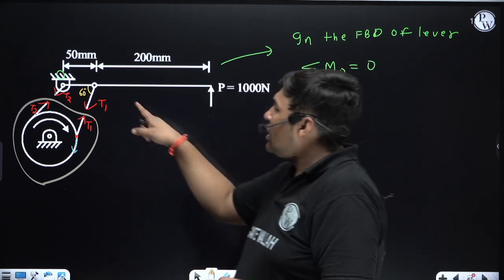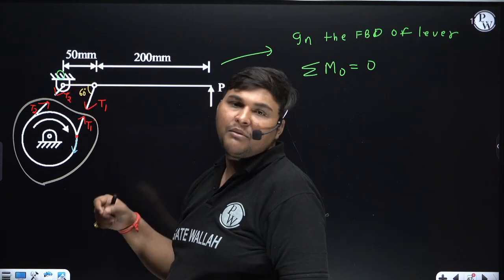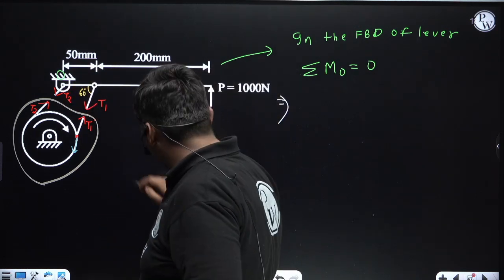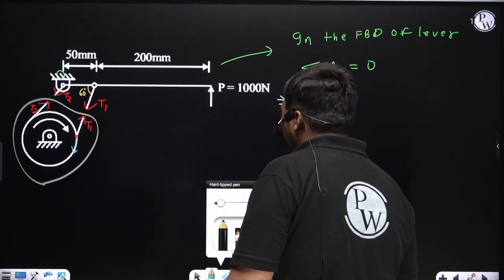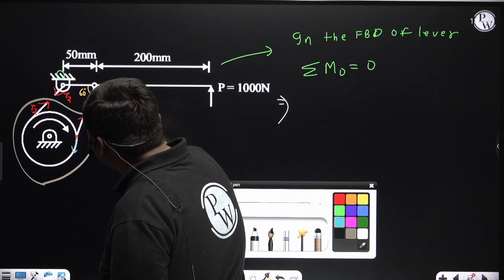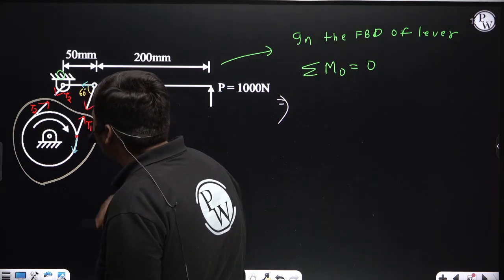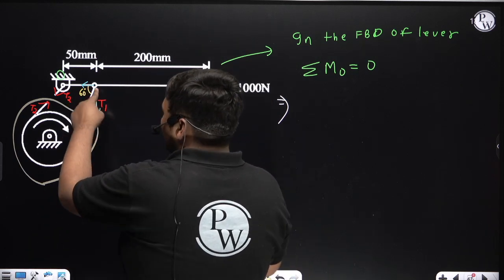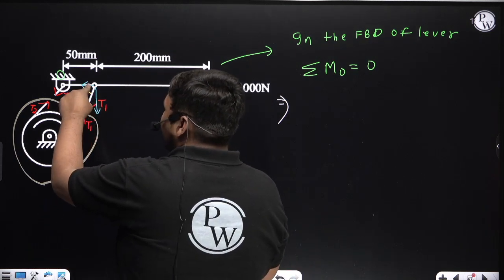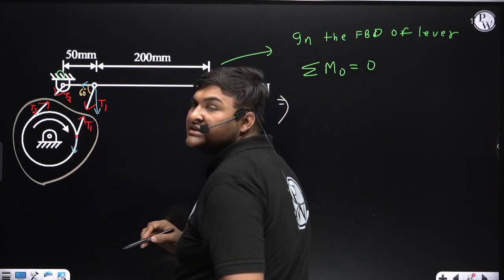Vertical distance of this point from O is 0. Horizontal distance of this point from O is 50 mm. That we already know. So I am resolving this tension T1 in vertical and horizontal directions. The angle of this T1 from horizontal is 60. So its vertical component will be like this and the horizontal component will be like this. Since this angle is 60 from horizontal, with the horizontal component cos 60 will come, with the vertical component sin 60 will come.